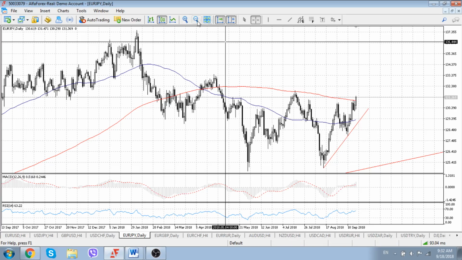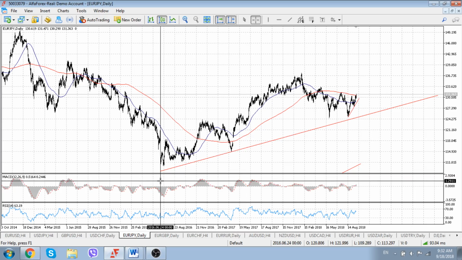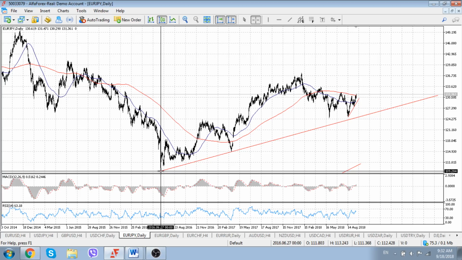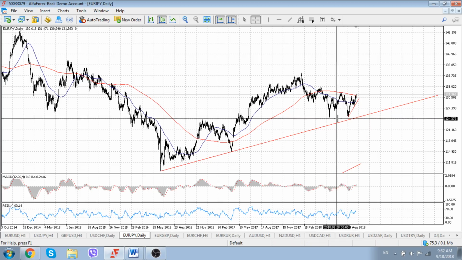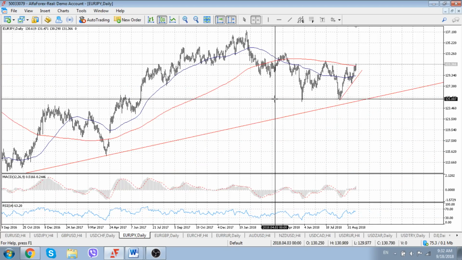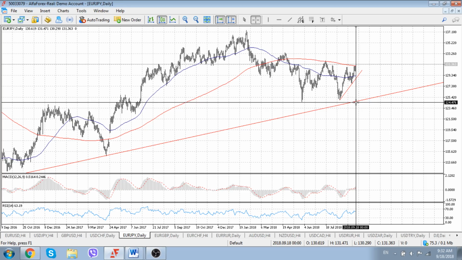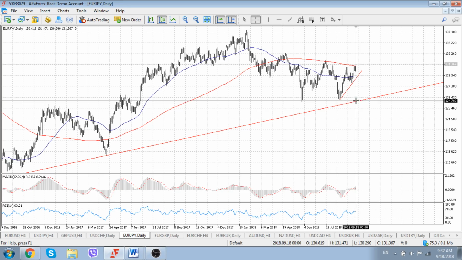Because as you could see, let's see the chart starting from the lows printed in the middle of 2016 below 110. At the moment the uptrend in the currency, by the way, coincides with the lows of 2018 around 124.60, 124.70. All in all, this level presents a rather formidable support right now for the euro yen.